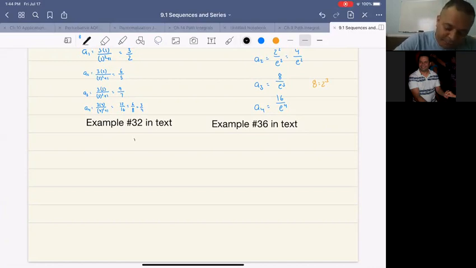So we are given the first few terms. Find the general formula.